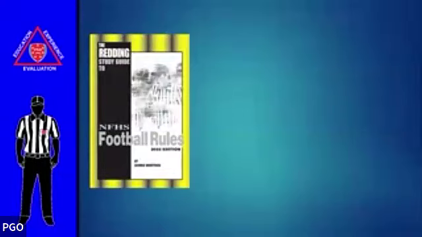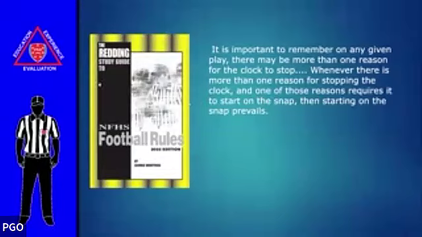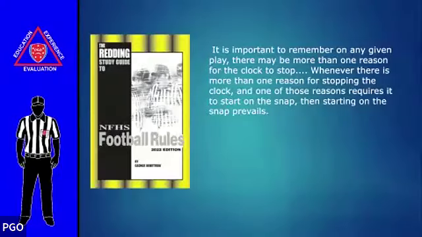The running study guide in 2022 mentioned this in the book. It says it is important to remember on any given play, there may be more than one reason for the clock to stop. Whenever there is more than one reason for stopping the clock, and one of those reasons requires it to start on the snap, then starting on the snap prevails.